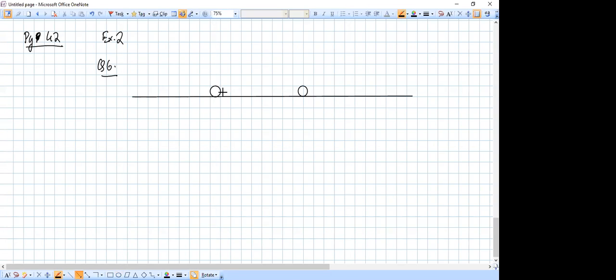Okay, so this one is moving like this, let's say this is the initial velocity, so we just take this as u. So this is 6 meters per second, and the mass of this one is 100 grams, and this one's mass is 120 grams, and this one is moving at 5 meters per second.